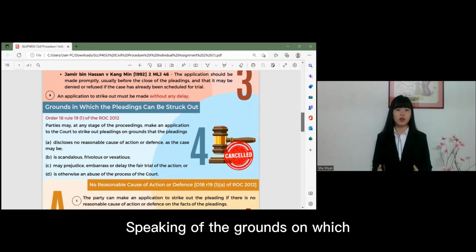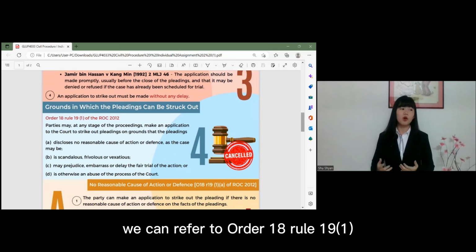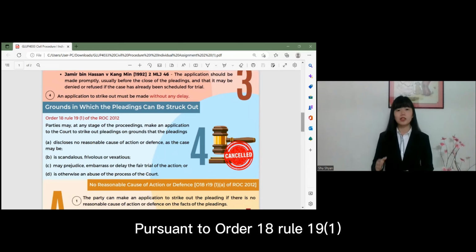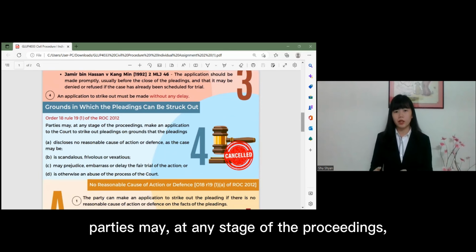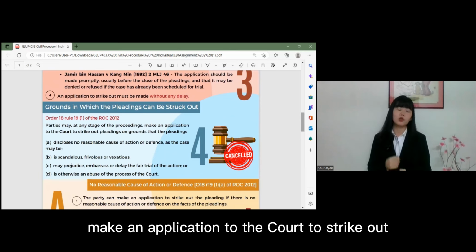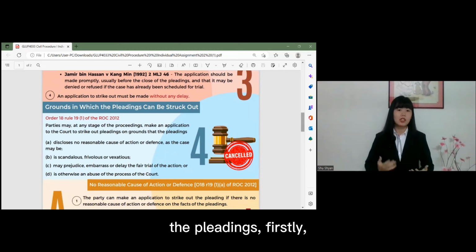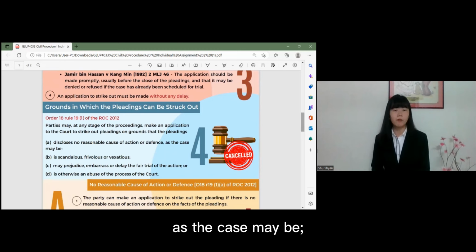Speaking of the grounds on which pleadings can be struck out, we can refer to Order 18, Rule 19, Sub-Rule 1 of the ROC 2012. Pursuant to Order 18, Rule 19, Sub-Rule 1 of the ROC 2012, parties may, at any stage of the proceeding, make an application to the court to strike out pleadings on the grounds that the pleadings, firstly, disclose no reasonable cause of action or defense, as the case may be.